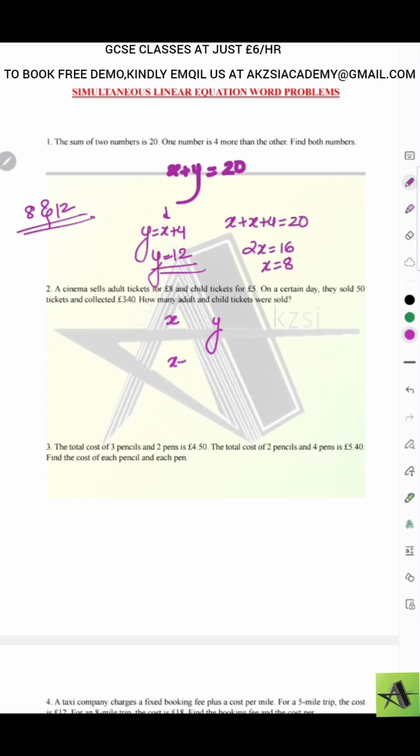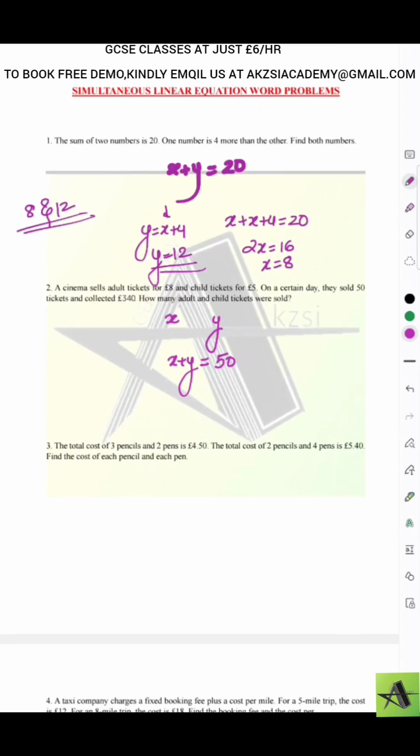And the total is, because they have already mentioned that they sold 50 tickets, x plus y is 50. And the total revenue generated is 340. That means when they sold x number of adult tickets worth 8 each, the total revenue generated from the adult tickets will be 8x.